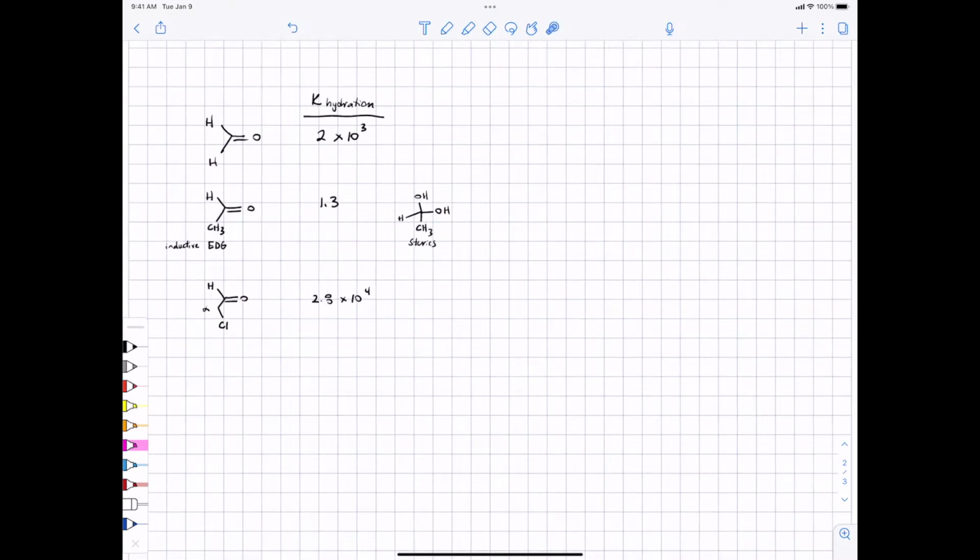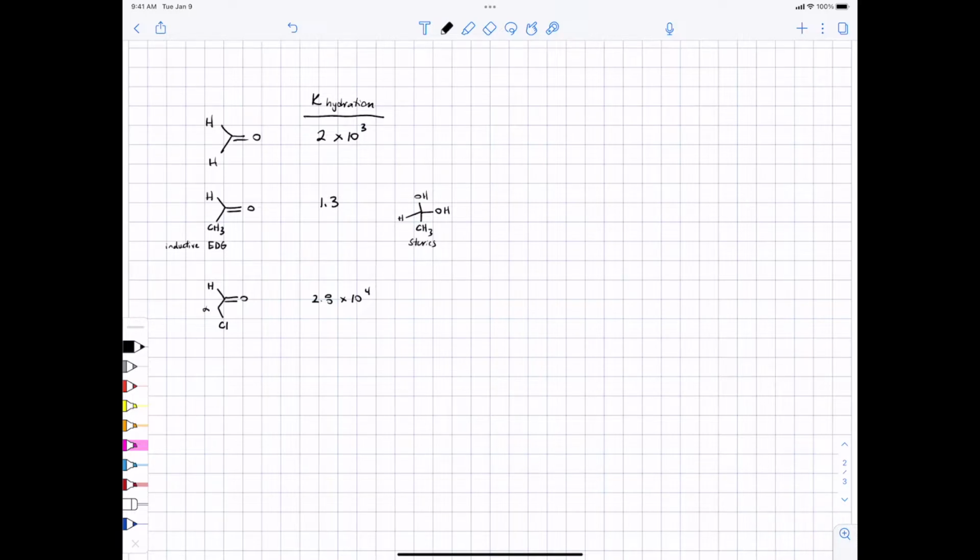So that suggests that you can reverse the effect of the methyl group by adding a chloro. So you can use electron withdrawing groups nearby to increase the electrophilicity of the carbonyl compound.